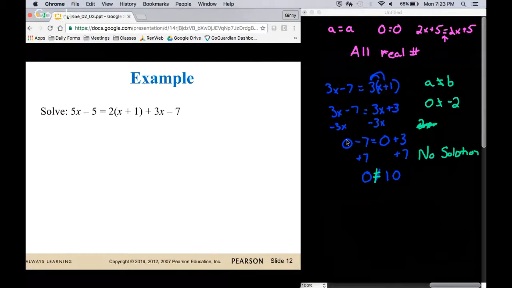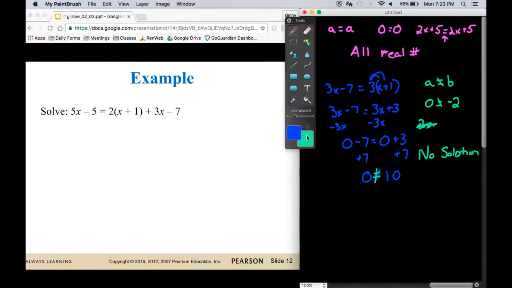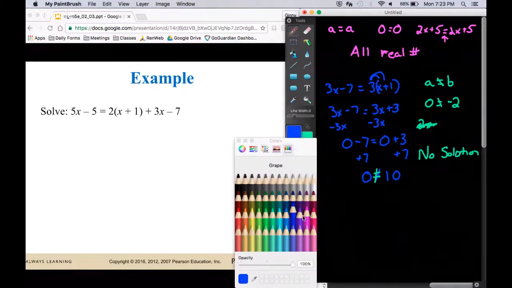Okay, so this is slightly different. You have 5x minus 5 equals, first step, distribute that through. I'm not even going to write that out, I'm just going to distribute it. 2x plus 2 plus 3x minus 7.